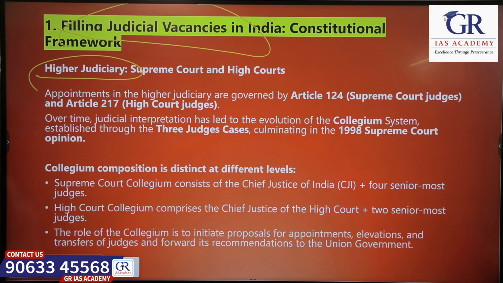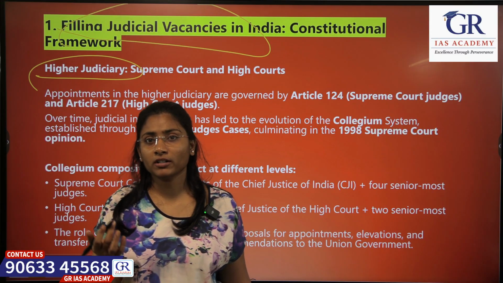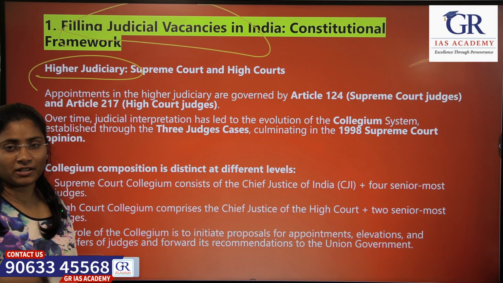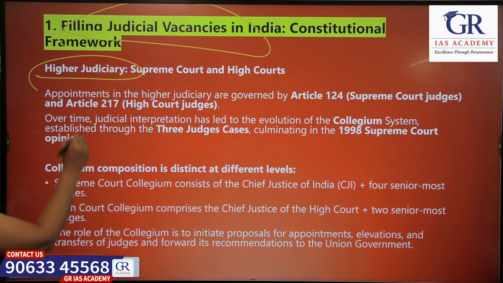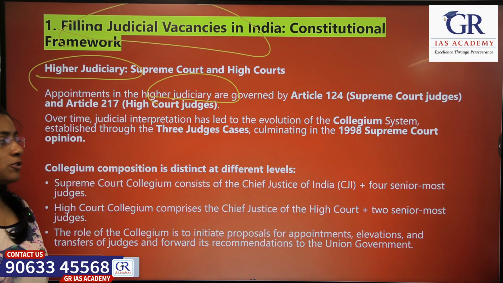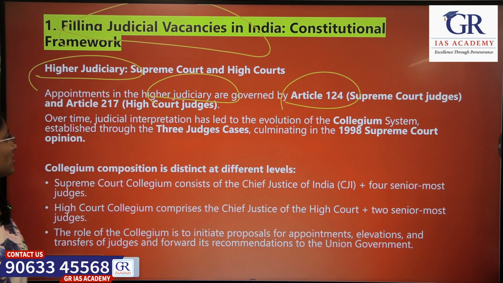into the discussion. The Supreme Court and High Courts belong to the higher judiciary and subordinate courts come under the lower judiciary. In the case of the higher judiciary, Article 124 deals with Supreme Court judges and Article 217 deals with High Court judges.